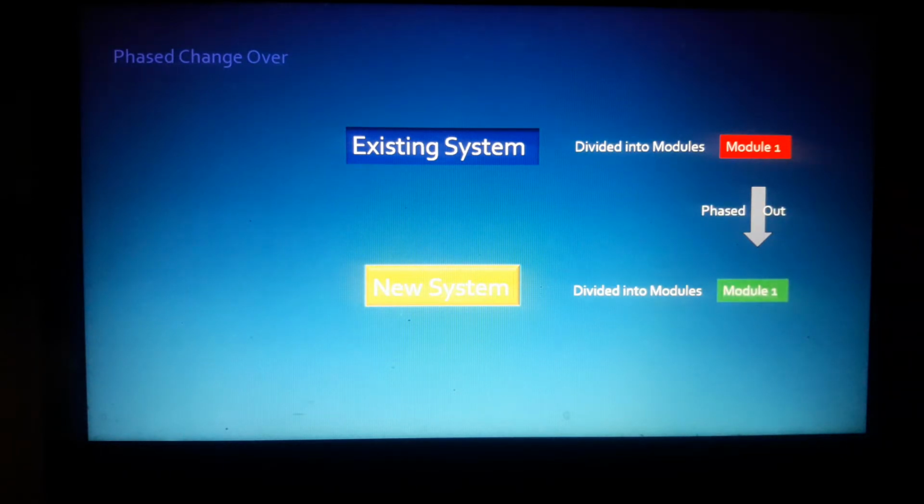Until the modules of both systems, that is module 1 of both, get completed, they will not move to module 2. In the same way, module 2 will be phased out with module 2 of the new system. In this way the changeover takes place.